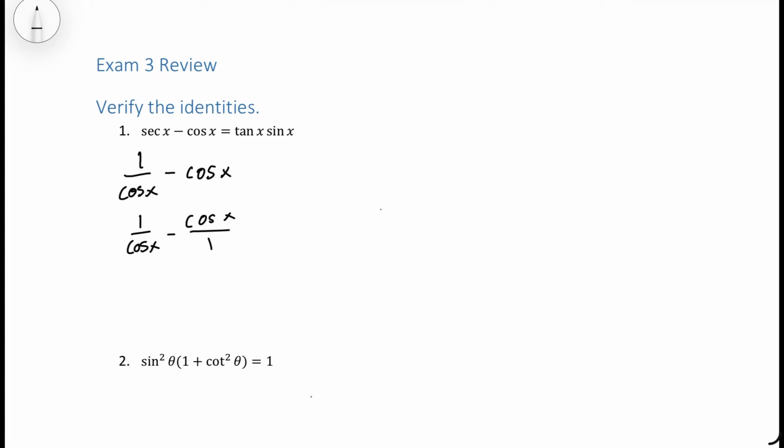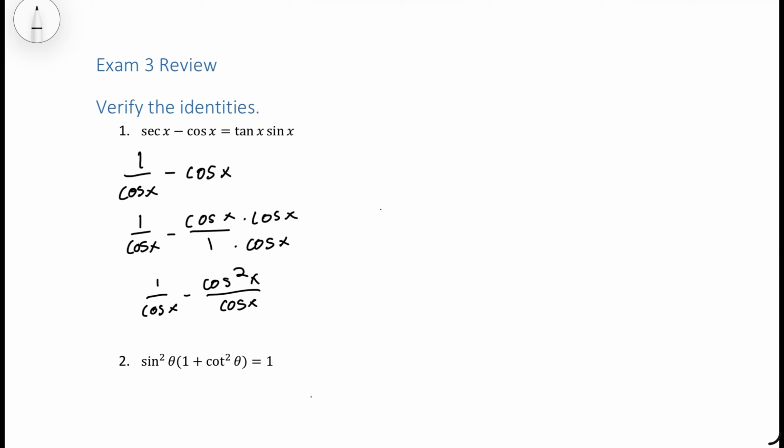And then to get the same denominator, we'll multiply by cosine x on the denominator and the numerator. And then we're left with 1 over cosine x minus cosine squared x over cosine x.